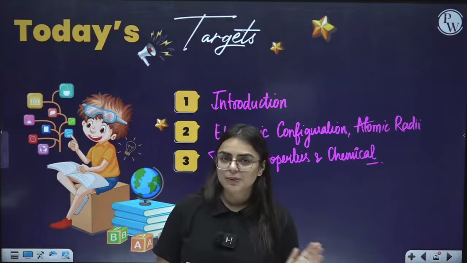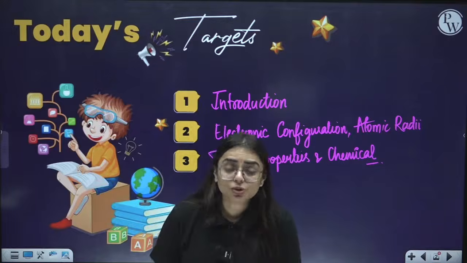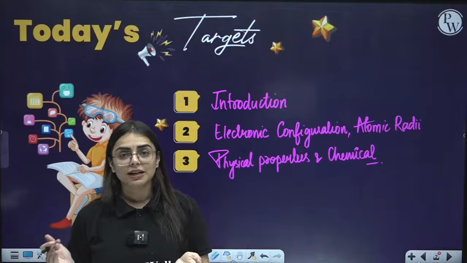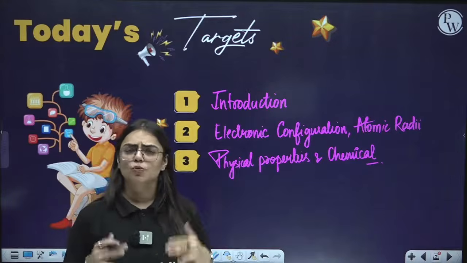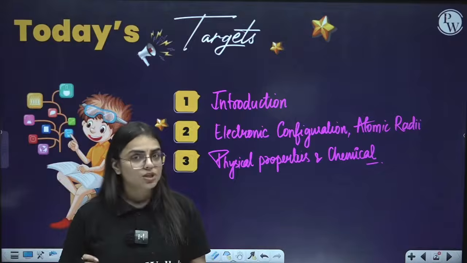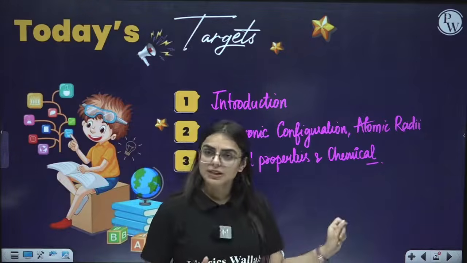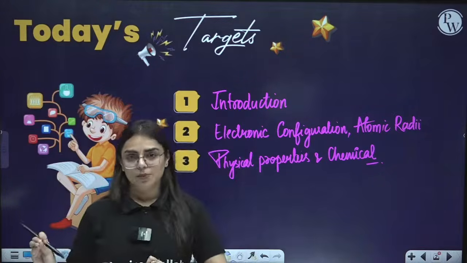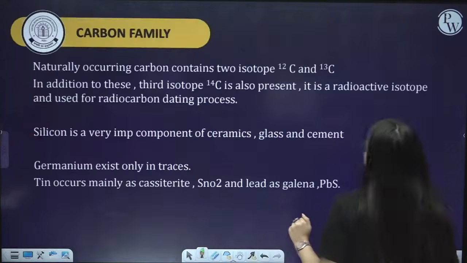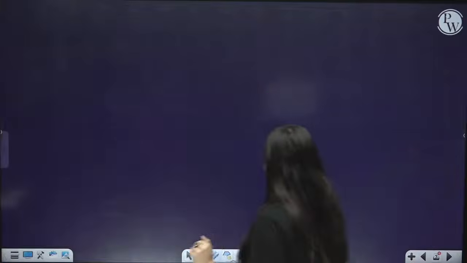In the same way, we will be doing this part as well. Moving on to the next, we will be doing the atomic radii. Now we will be seeing the trends of covalent radii when we are moving from top to bottom. What is the effect on covalent radii? We will be doing that. Coming forward, students will be understanding about physical properties and the chemical properties. Clear? Okay. So let's start this very first part, that is basically going to be the introduction segment.